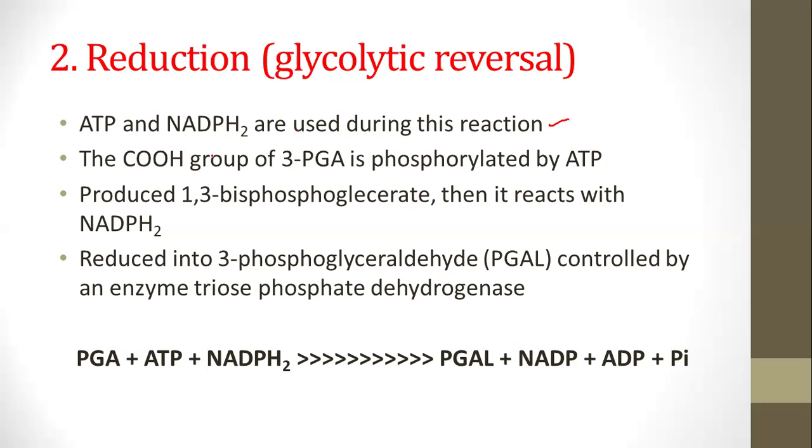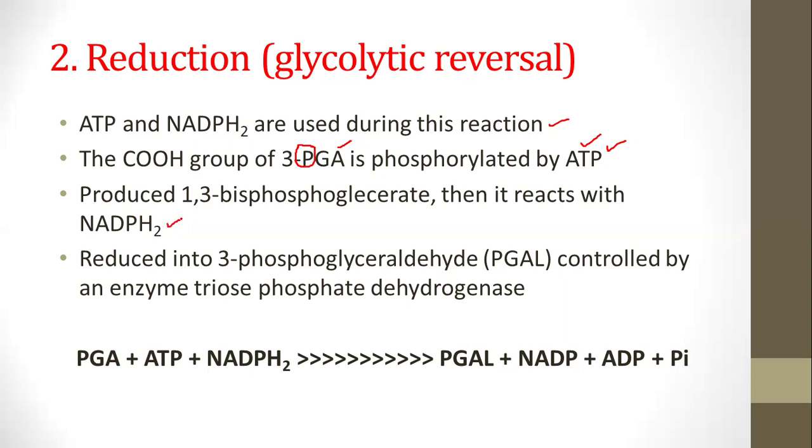The carboxylic group of 3-phosphoglyceric acid is phosphorylated by ATP. The carboxylic group of the 3-PGA receives a phosphate group from ATP, producing 1,3-bisphosphoglycerate, which then reacts with NADPH2.